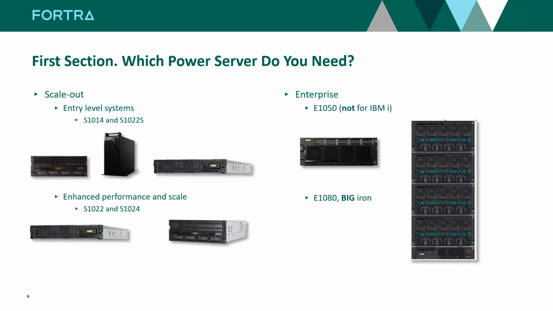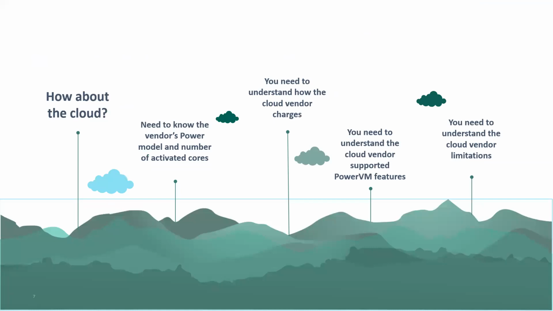And how about the cloud? Well, you're not buying a server here, right? But you still need a CPU and memory analysis that will help you determine the option that you will use. Normally, providers offer both scale-out and enterprise options. So you need to know from the provider the Power models and the number of activated cores that they have.